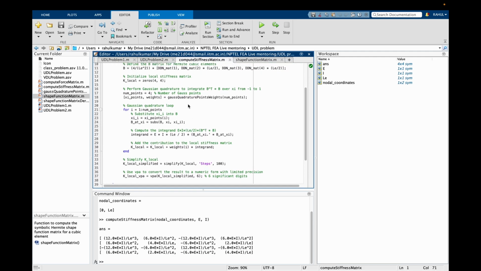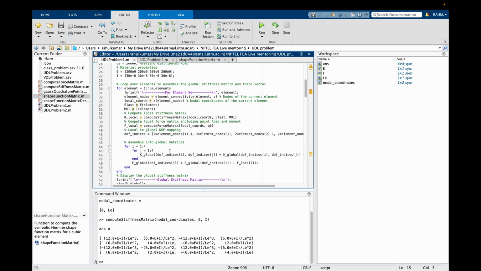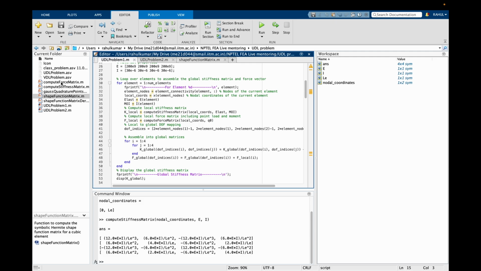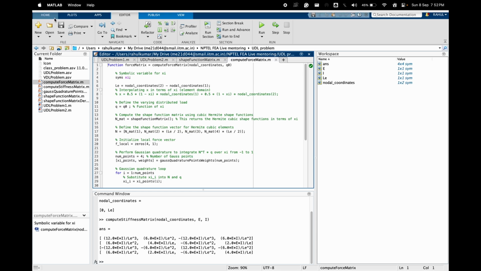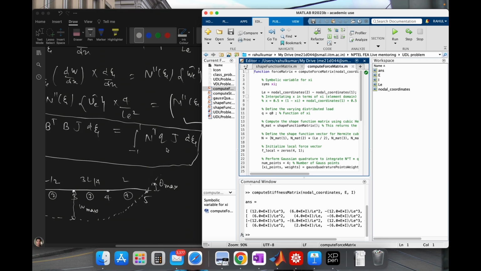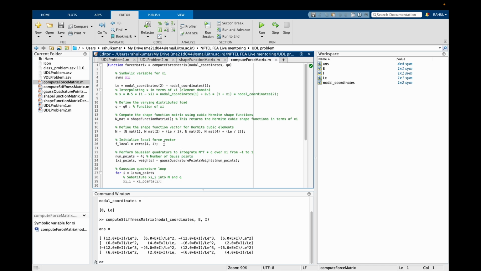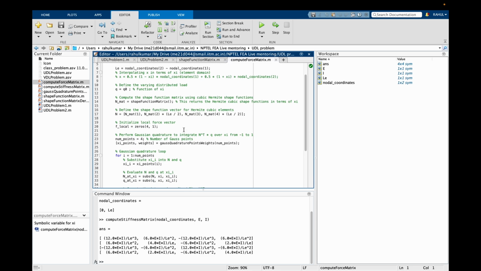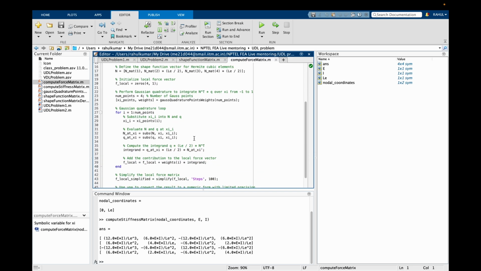Now we will see the compute force function. Here it is. We already saw what the force function is: it is nothing but N transpose q into J. There is no derivative in it, so that's why N mat, and this is the N. First we will initialize it, so it will be a vector of 4 by 1, and again it will integrate.